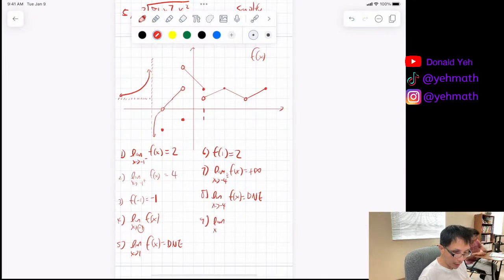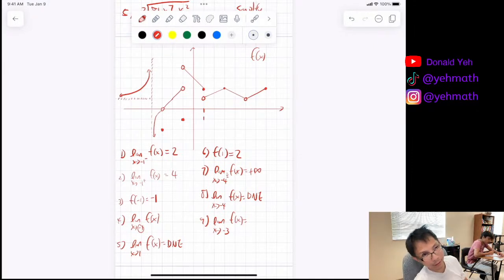How about limit x approaches -3? Hold on, let me call Sarah. I can never see Sarah's face. Hi, Sarah. What? Nope. Sydney. Nope.